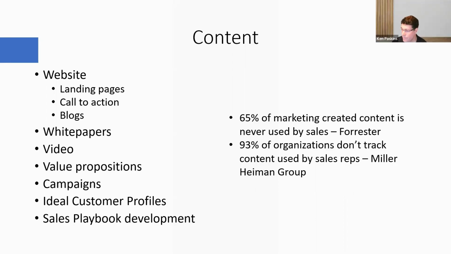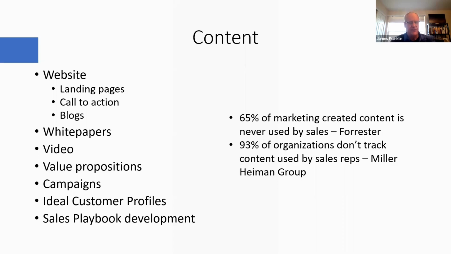Right. So again, this list can get pretty long, but at the really high level, you look at, okay, I've got my website, so my landing pages, my calls to action, my blogs, and on the website, obviously, it's the white papers and videos, but you also have your talk tracks. Some people use SDRs, it depends on the size of your organization.